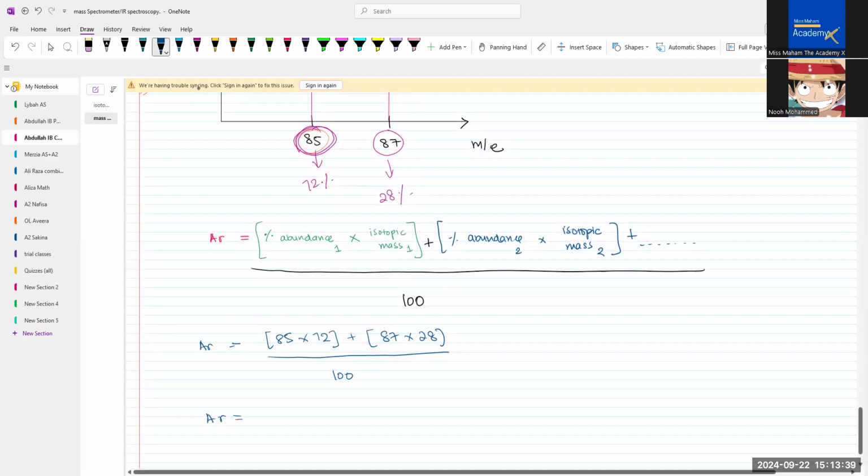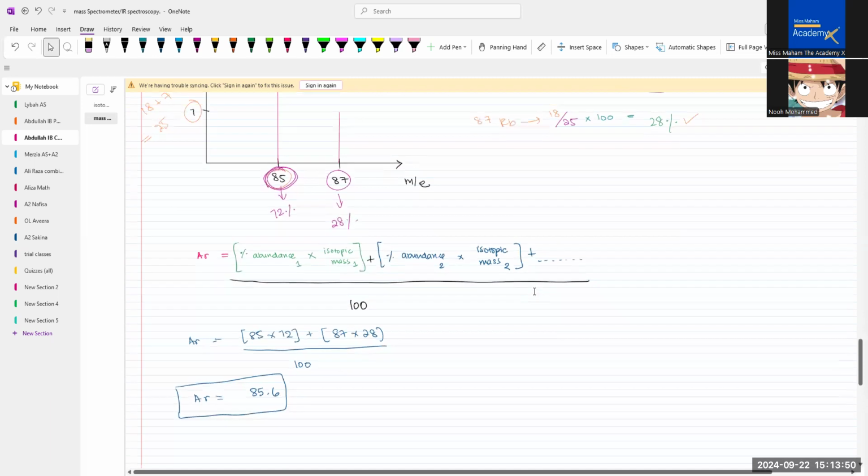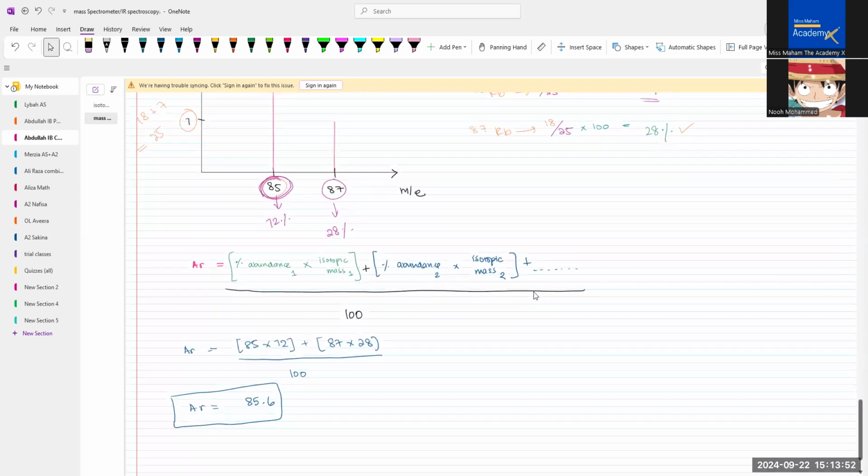So Ar here turns out to be 85.6. Is this clear? Yes. Okay.